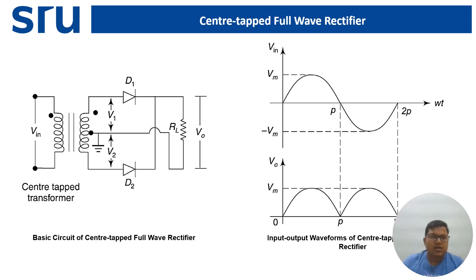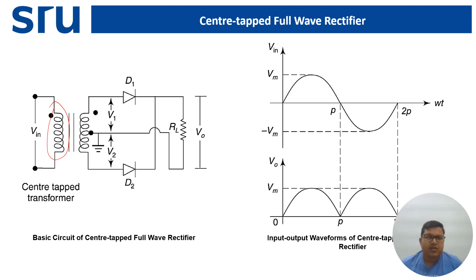Here, as you can see, this is a center tap transformer where this side is the primary coil, and we have connected our line voltage to the primary side.